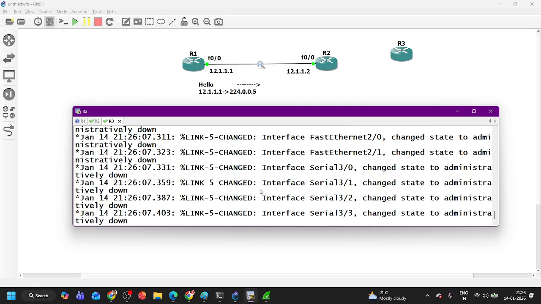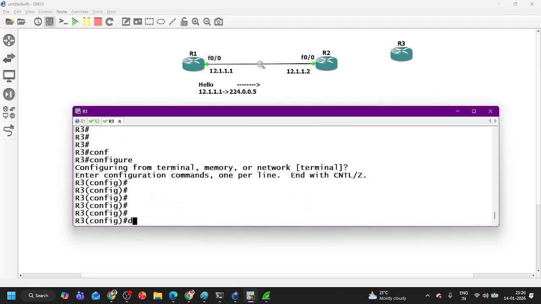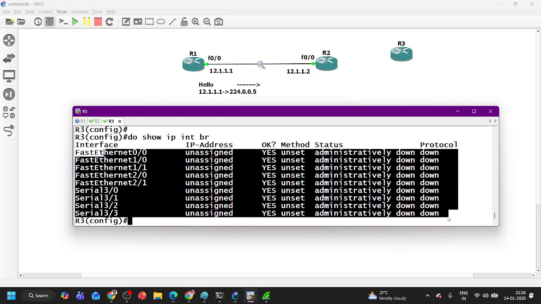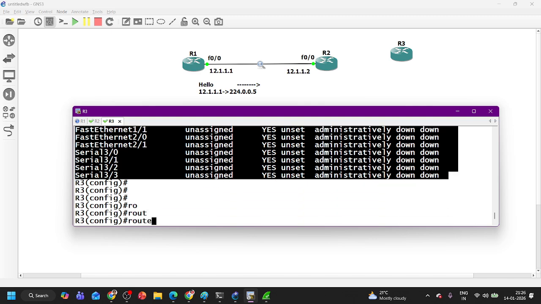It will need an active interface. Like on this router, show ip interface brief. This router doesn't have any IP address on any interface. If I run the command router ospf 1, it will take the command and OSPF will get enabled on the router, but the process will fail to start.